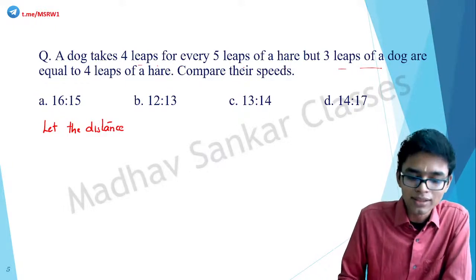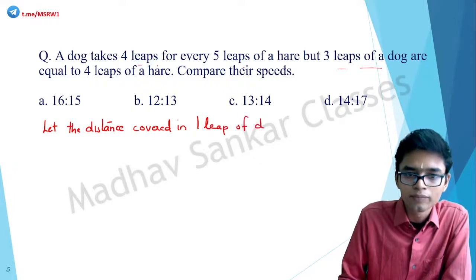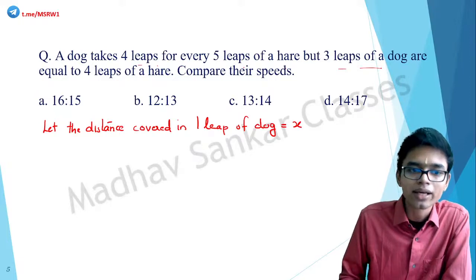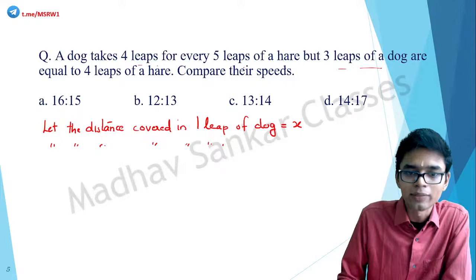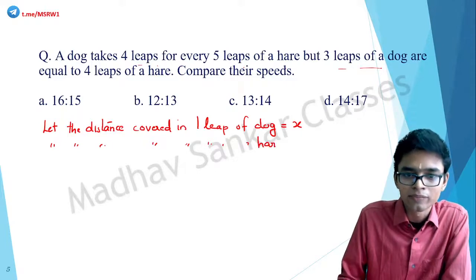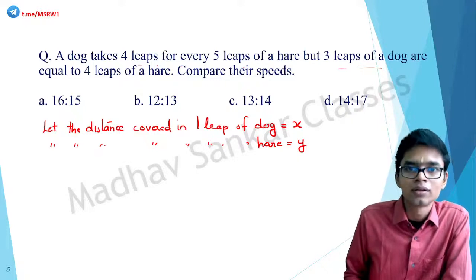Okay, let the distance covered in 1 leap of dog be x. Okay, and let the distance covered in 1 leap of hare be y. Clear?